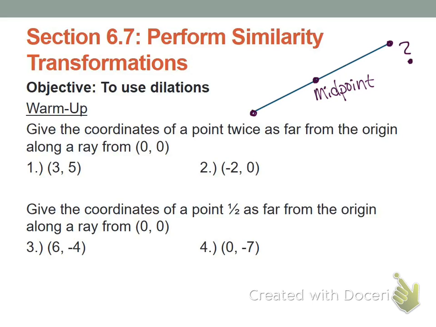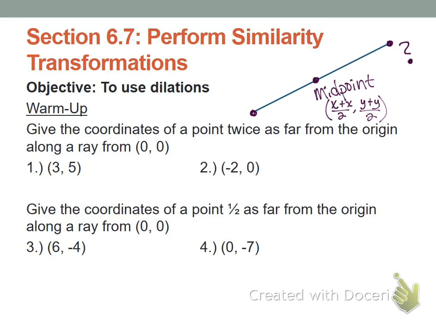The midpoint formula is to take your x's and do what with them? We end up dividing by 2, but what do we do with both the x's? Add the x's together, divide by 2. Add the y's together, divide by 2.